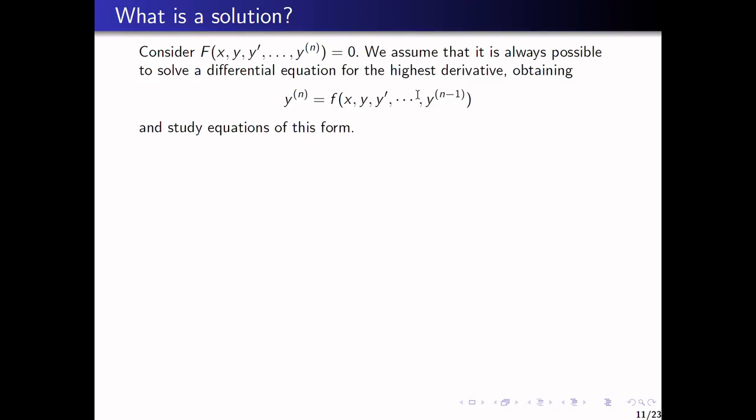We assume that it is possible to solve this differential equation for its highest derivative to obtain a differential equation of the type nth derivative of y is equal to f of x comma y dash and so on up to y (n minus 1). And then we study this particular differential equation.